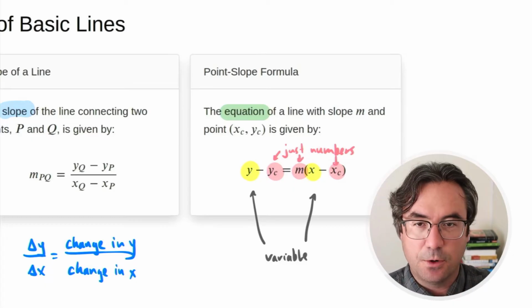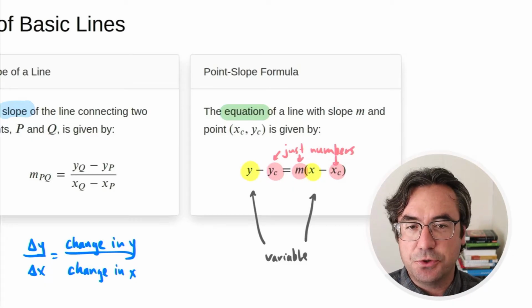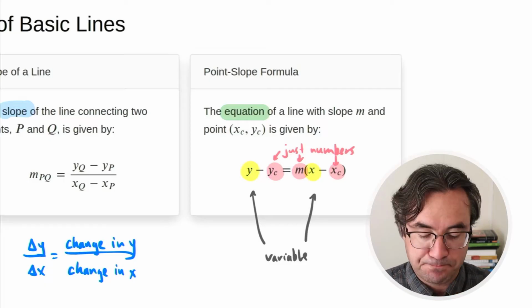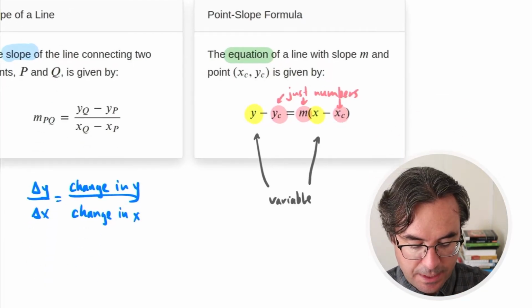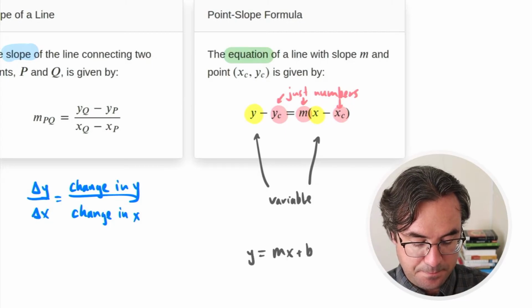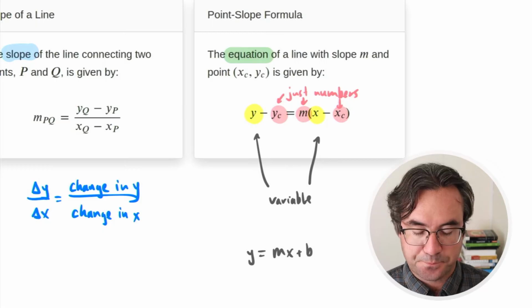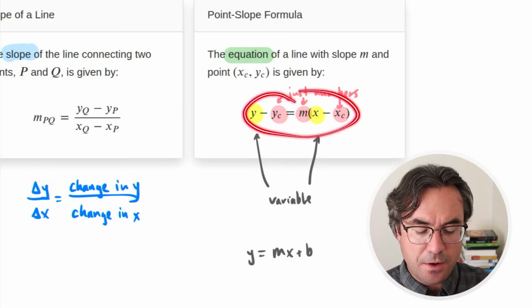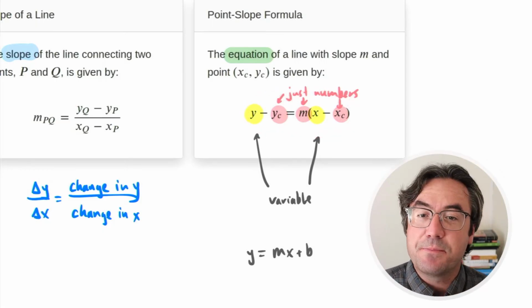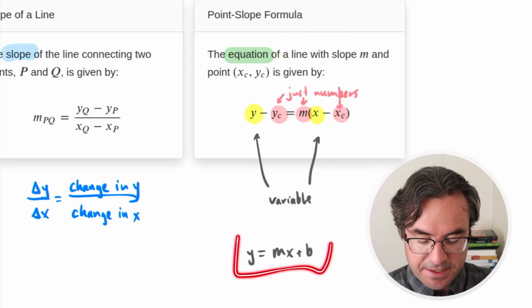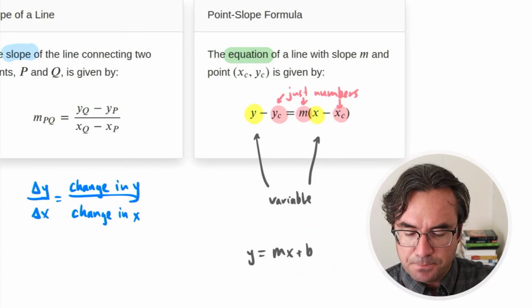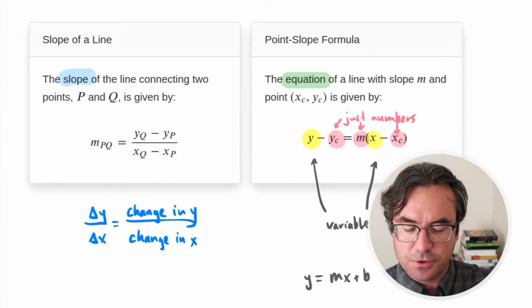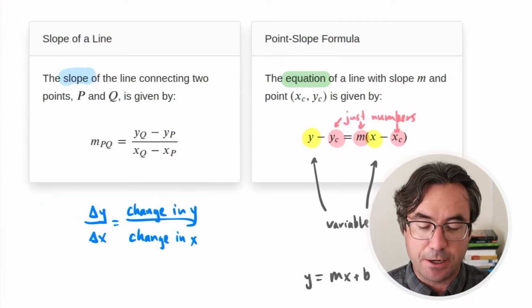And then, we can simplify that and get it into y-intercept form. So a lot of times we'll get it into y equals mx plus b. So this will be the one a lot of times we start with, and then we can get it into this simplified format by solving for y. All right, so just a little bit of review for some important equations there.